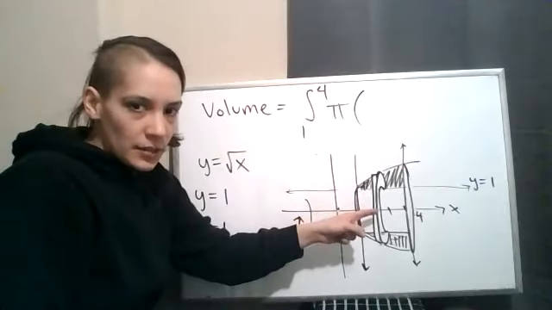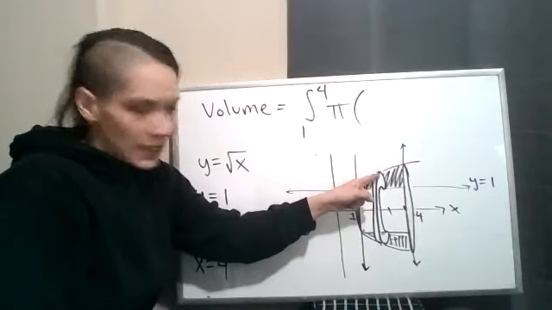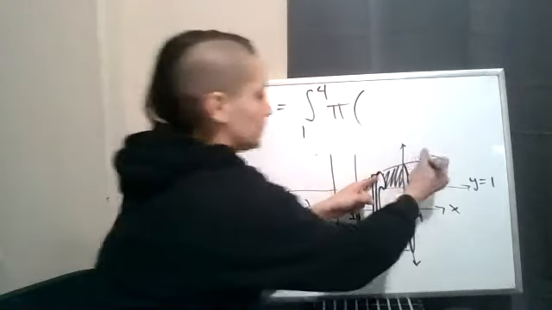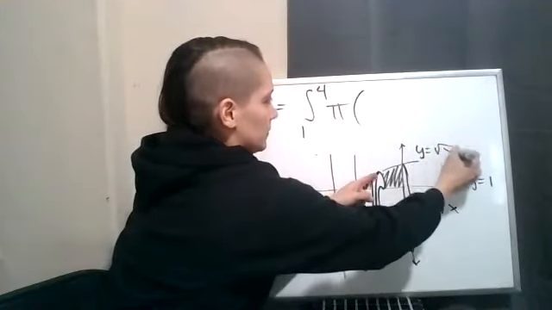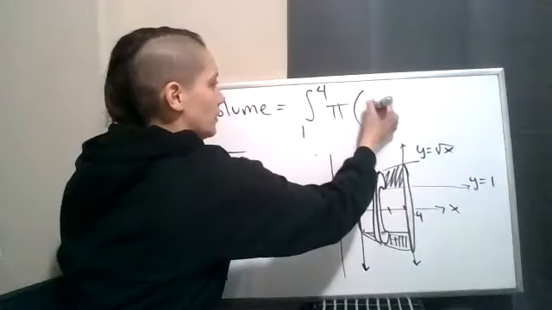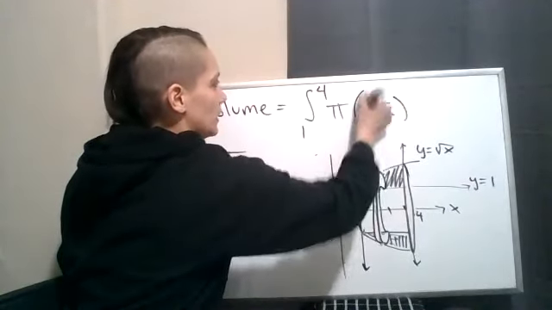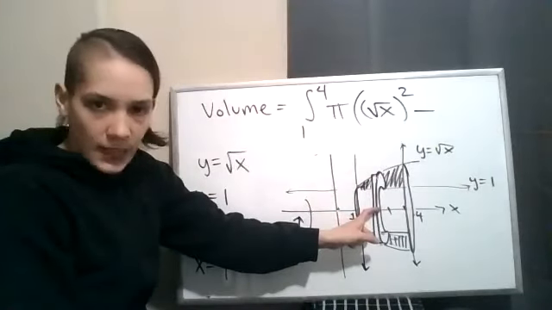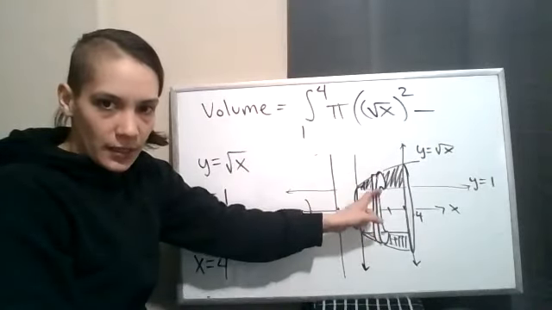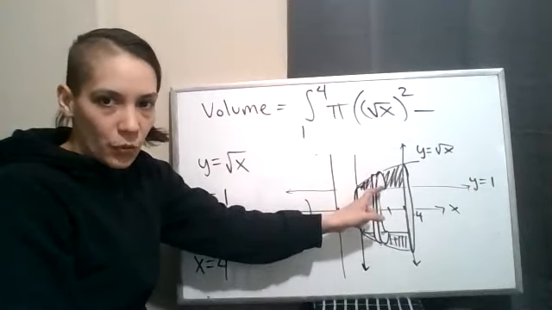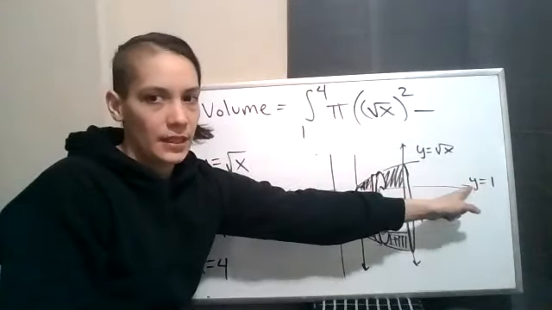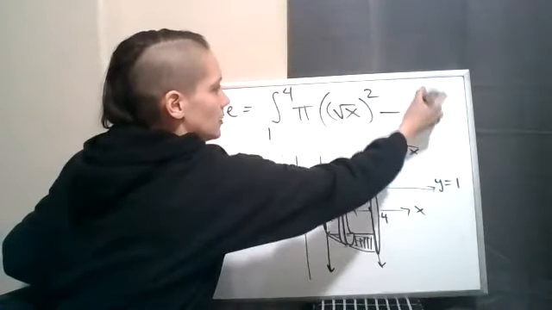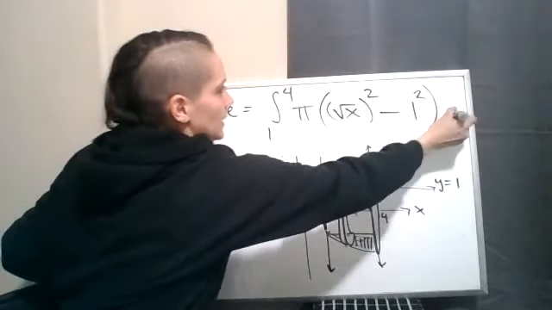So the outer radius, you go to your washer all the way to the outside edge where you have the root of x. So we're going to have root of x and then squared. Subtract. The inner radius goes from here to here, which is a radius of 1. That radius is also squared. And dx.